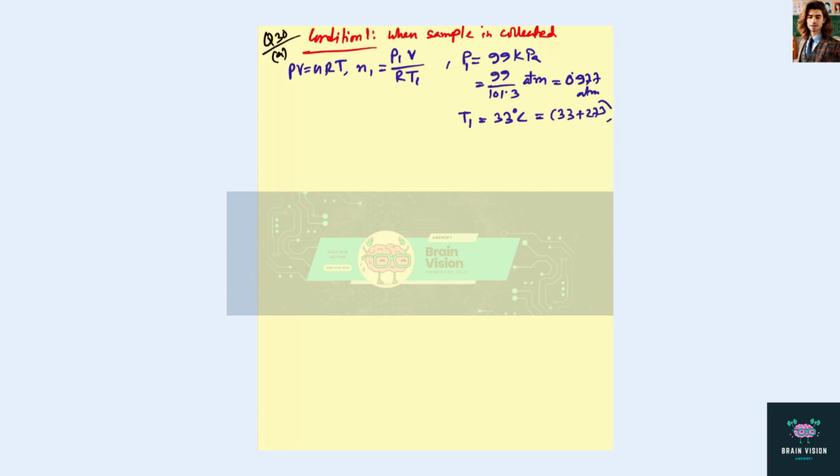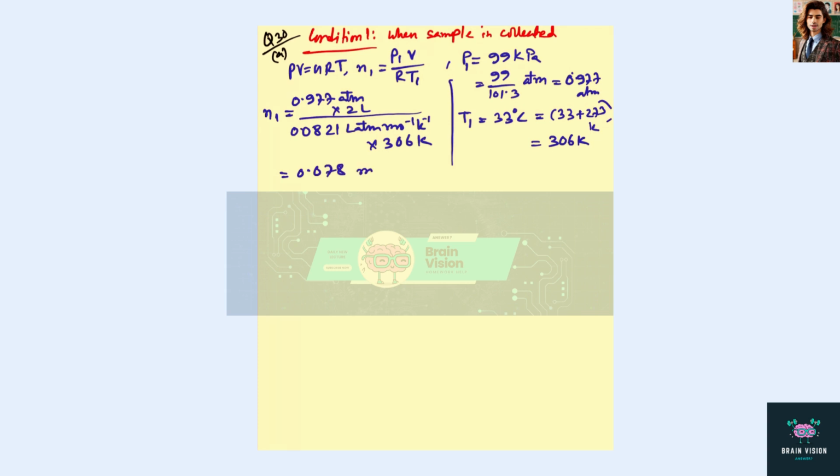Let's convert it to the Kelvin scale, which is 306 Kelvin. Therefore, the number of moles is 0.977 atm multiplied by 2 liter, which is given. The gas constant is 0.0821 liter atm mole inverse Kelvin inverse, and the temperature is 306 Kelvin. Therefore, the number of moles at condition 1 is 0.078 moles.